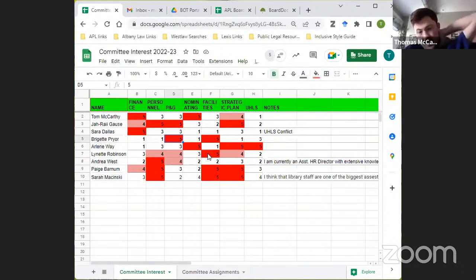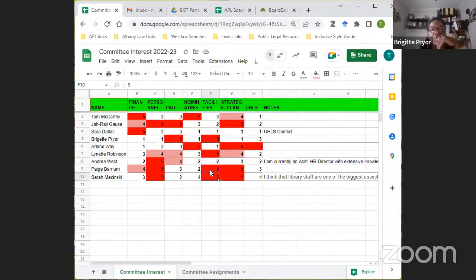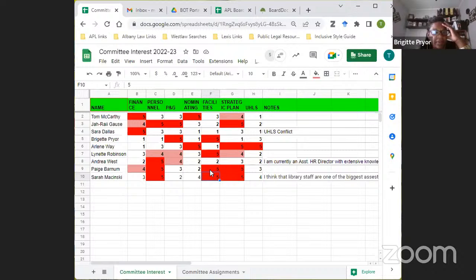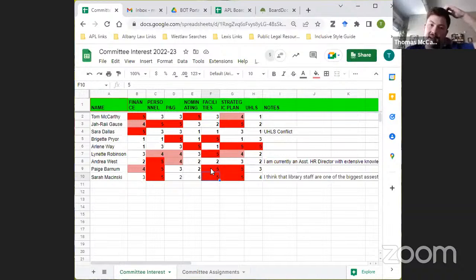So for facilities, 3 other people put a 5, and there's only 2 spots. So maybe we can break the tie. I was going to say Lynette and Sarah. Maybe we can hold that until the end and break the tie by seeing who needs a committee later.